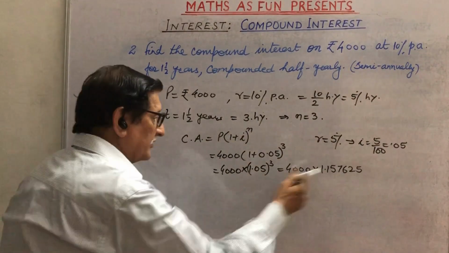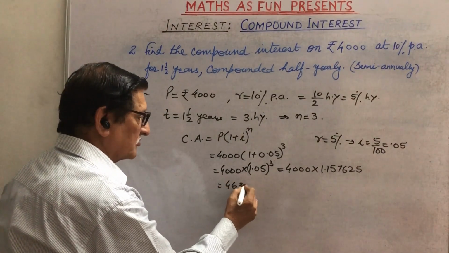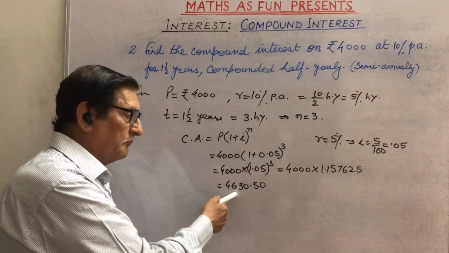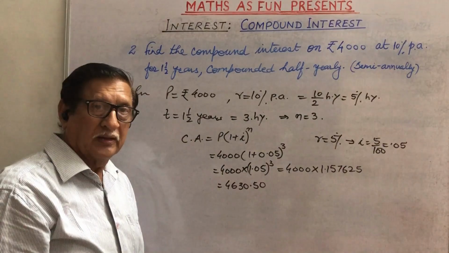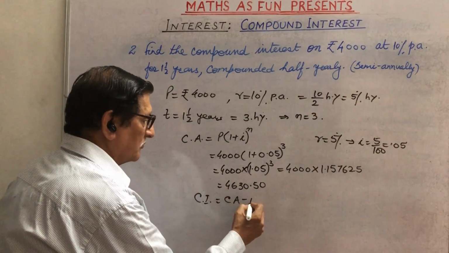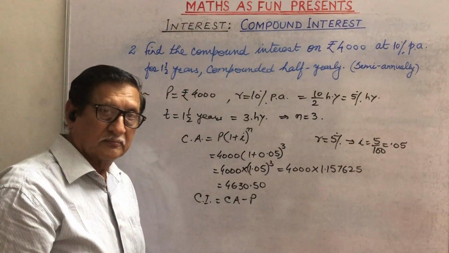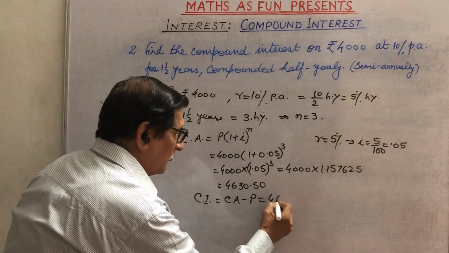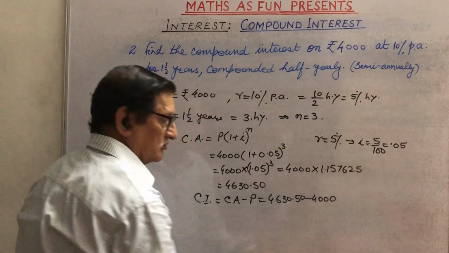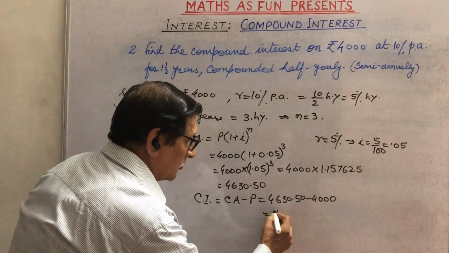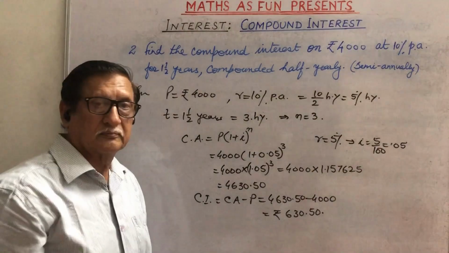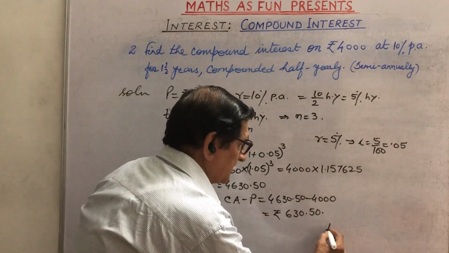And when we multiply them, it comes to 4630.50, which is the compound amount. And then compound interest will be equal to compound amount minus principal, which is 4630.50 minus 4,000. This is equal to rupees 630.50. This is the answer to this problem.